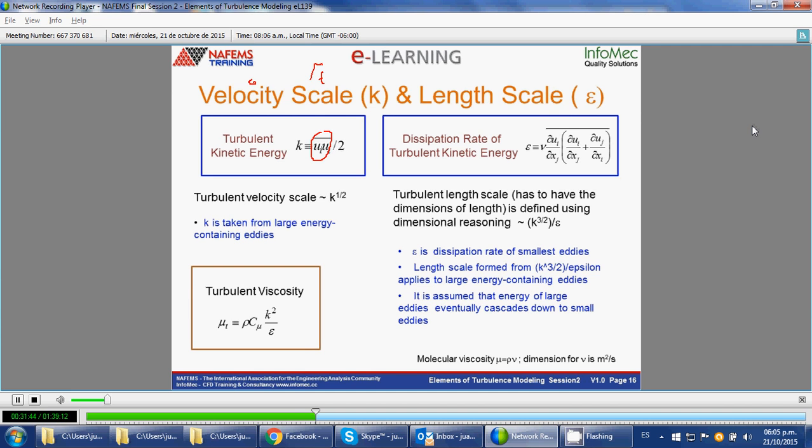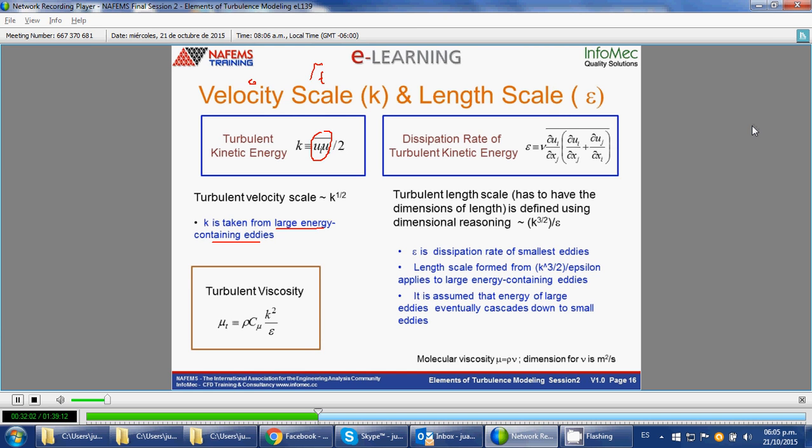K is taken from the large energy containing eddies, and we were looking for scales at the smallest scale eddies. So you could see the problem here. Epsilon also is causing us problem.